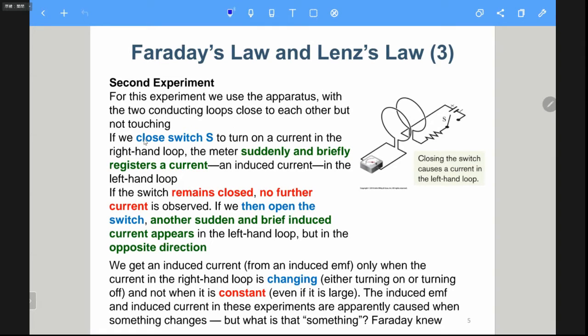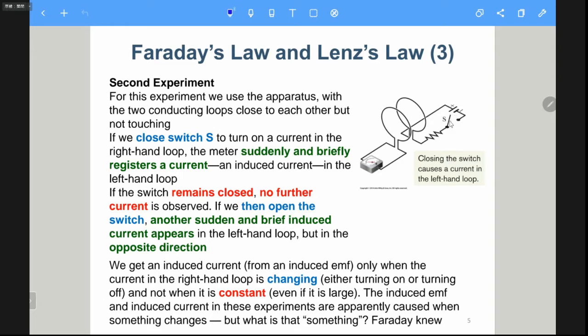not touching. If we close switch S to turn on a current in the right-hand loop, the meter suddenly and briefly registers current and induces current in the left-hand loop. So the phenomenon is similar.